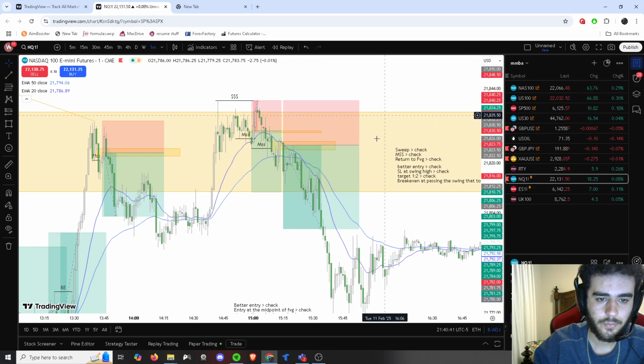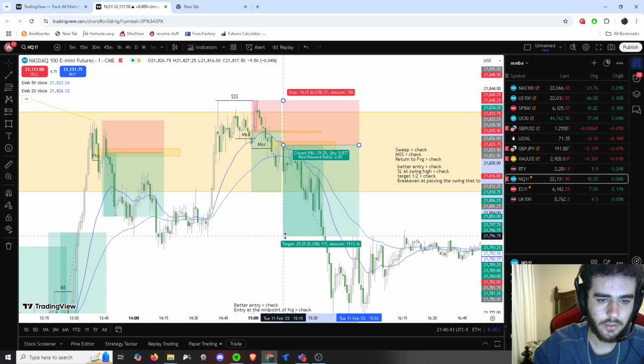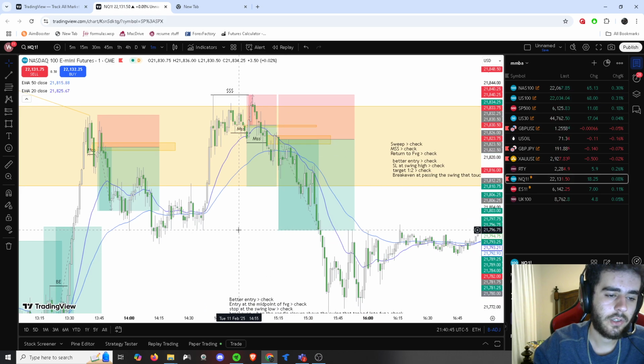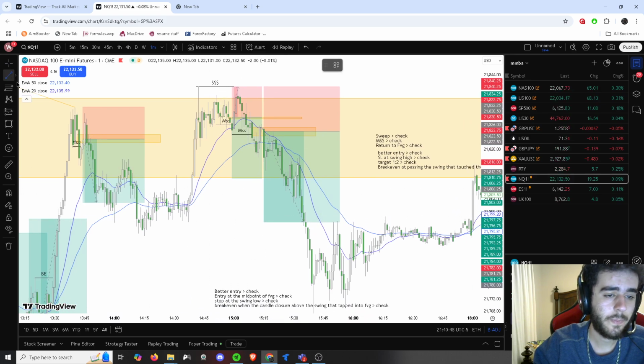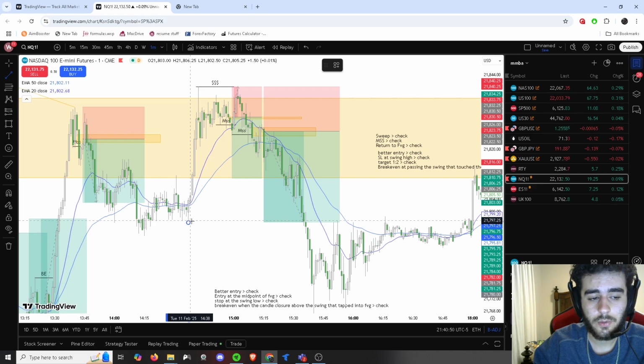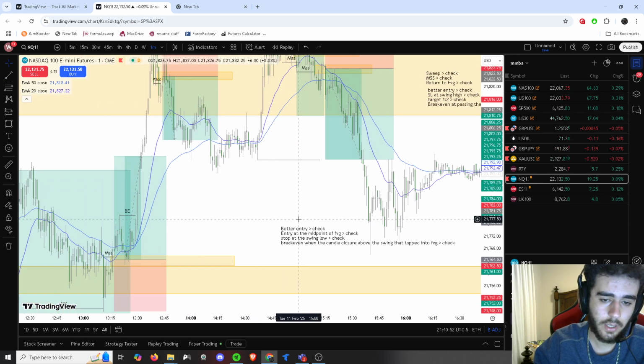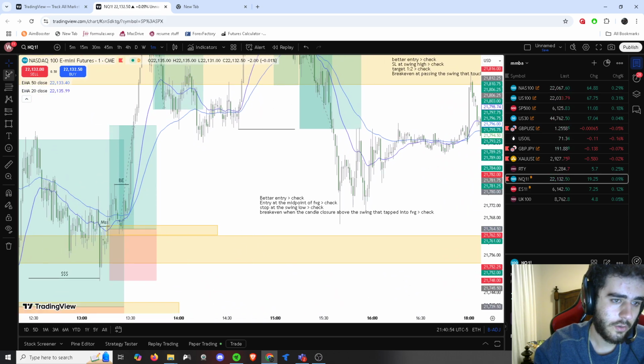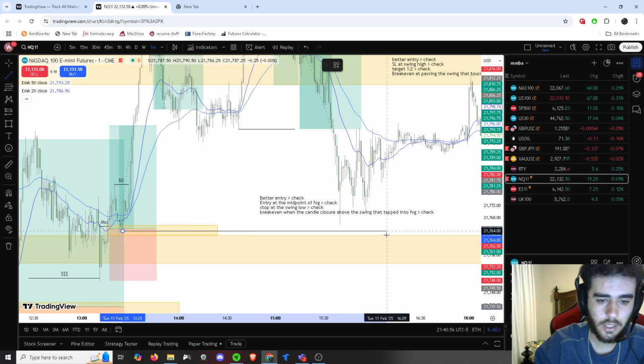Something nice. There you go. Still hit. The reason I don't target lows, if any of you guys were wondering why: you will see some traders target lows. They don't get hit. If I were to target this low right here, it would not get hit.